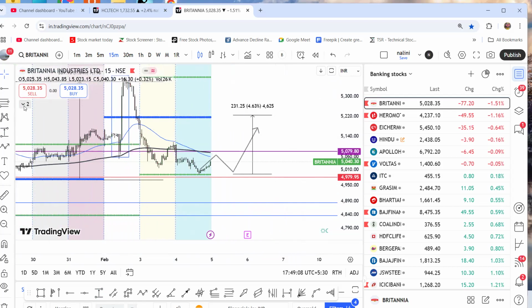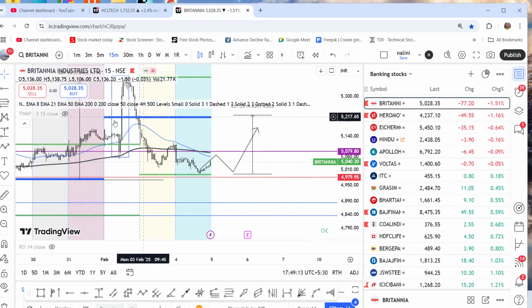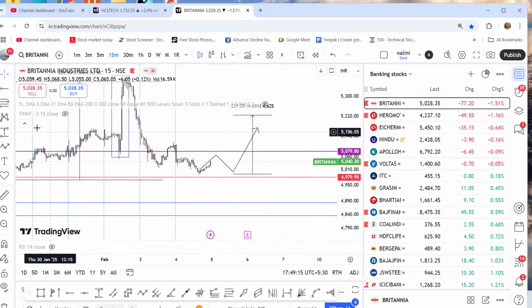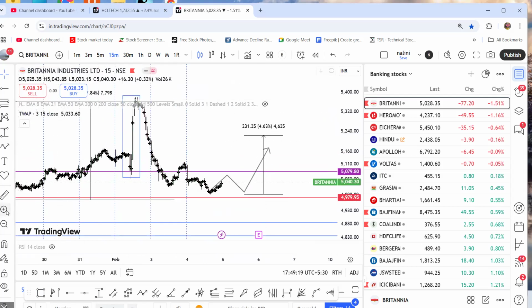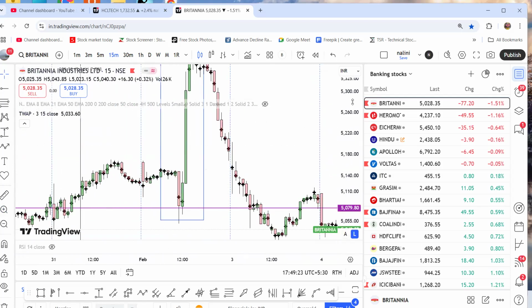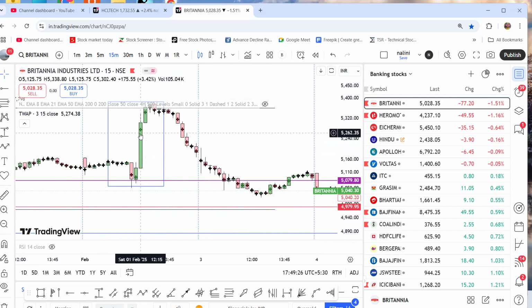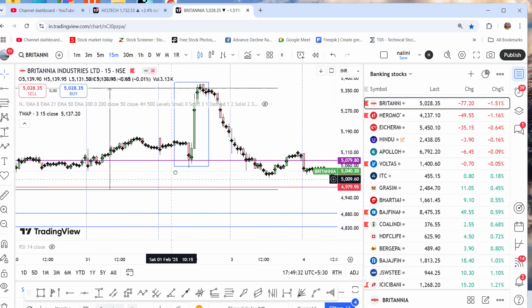Let us see whether there was a bear gap. To analyze the bear gaps, dynamic liquidity, see, there was a gap. So this gap has been filled and the market has come down.